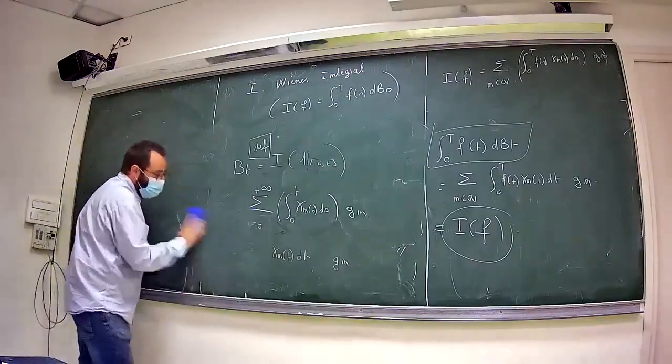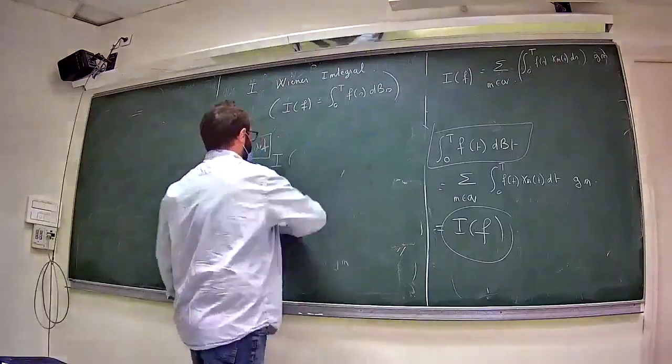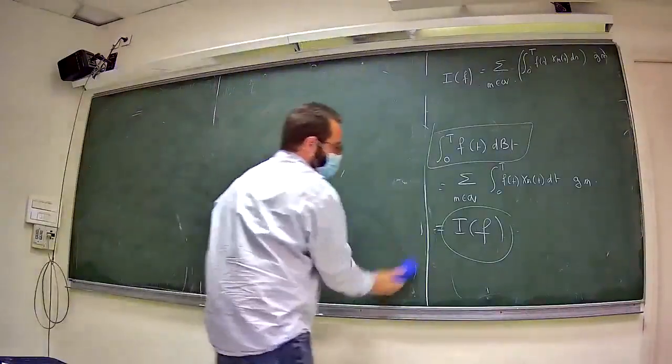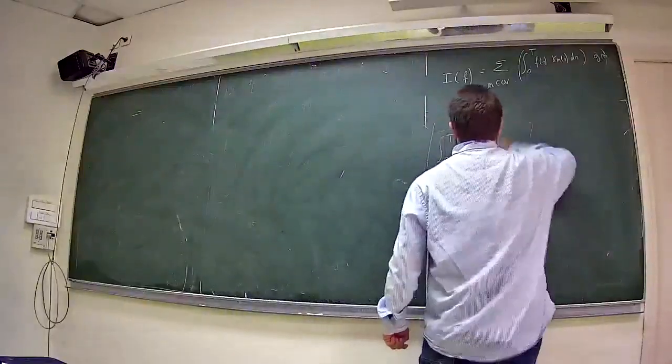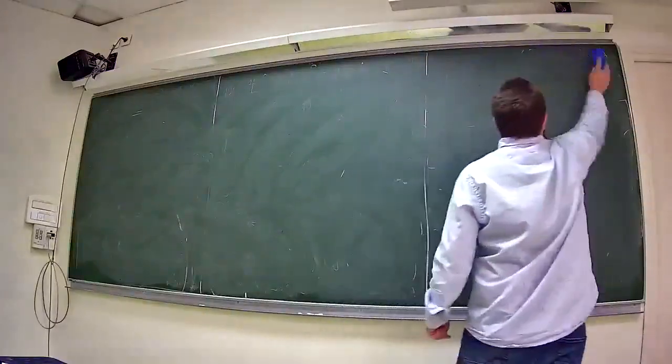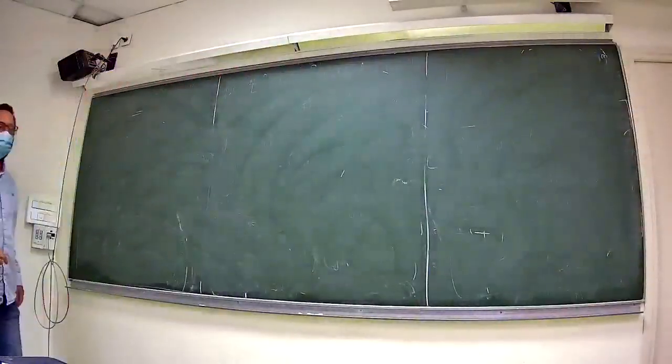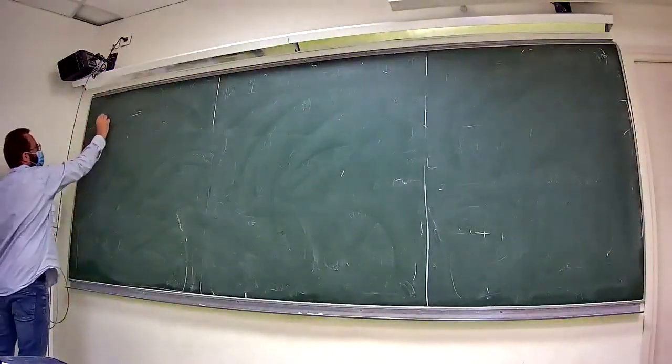So now, little properties concerning the Brownian motion and martingales. Something that you have to know. It's proposition 1.3.9.1.